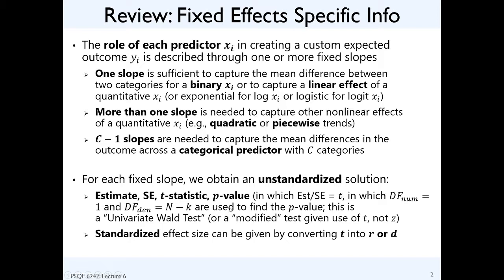This shows up automatically on your output, and we call it a univariate Wald test. Some people would get angry at the term Wald test for a t, but I'm not one of them. If anybody hassles you about that, you can say it's a modified Wald test because it's using t, not z, but that's what everyone's going to use. If you want to have an index of effect size, we can convert t into r or d, or ask for standardized slopes.